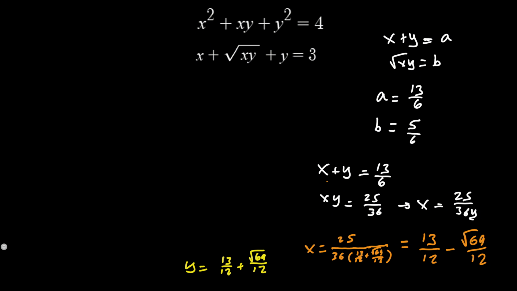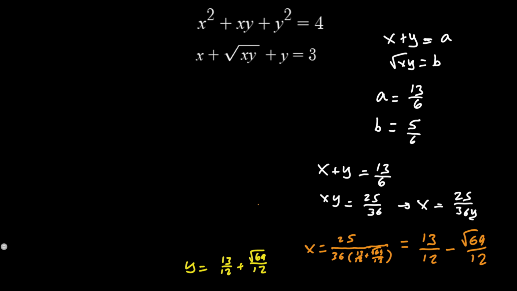Because we could simply do a bit of trickery and we have xy is just going to be 25 over 36 because these will cancel out, and x plus y, the square roots will cancel out, and we will have 26 over 12, and you get the point, right? It's still going to give us a solution to our system of equations, but for the sake of it, we're just going to go ahead and verify that it satisfies the first equation.